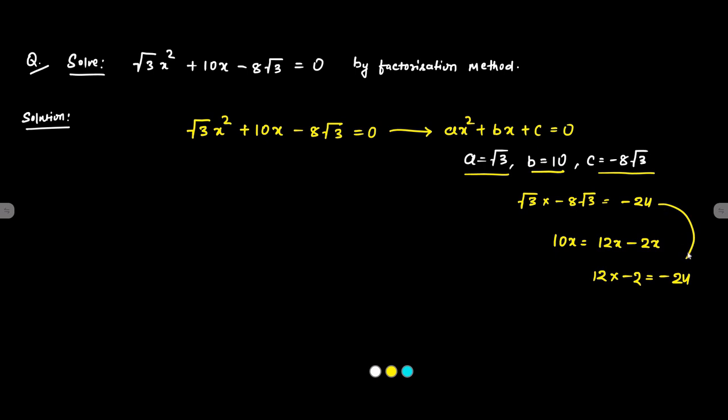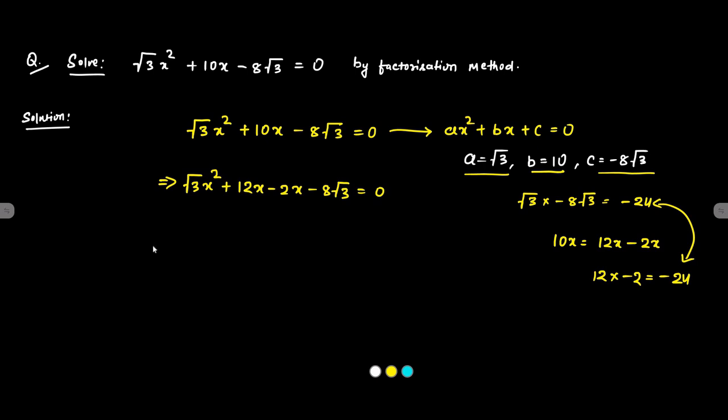Okay, so we'll perform the split here. That implies root 3 x square plus 12x minus 2x minus 8 root 3 is equal to 0.